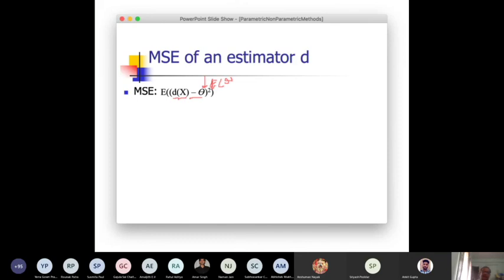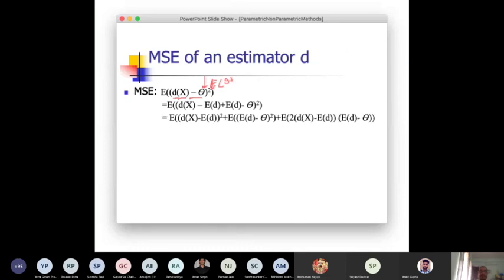So that is what we are going to see here, a simple mathematical treatment by which we can reduce this expression into this form. You can see that I am trying to get the components of variance and also the difference from the expected value, or the bias, I should say. I'm trying to take out these two things separately and express the mean squared error in terms of variance and bias.